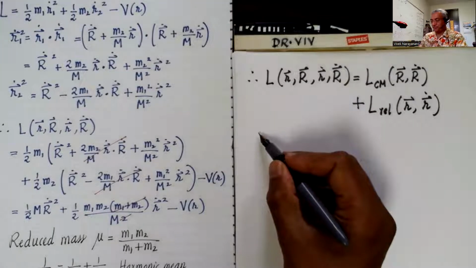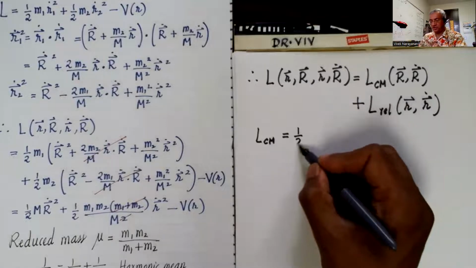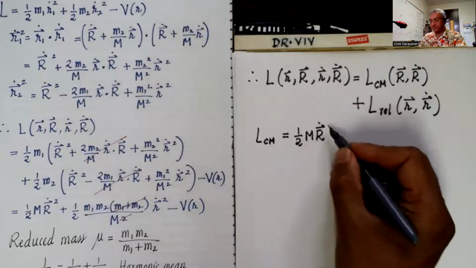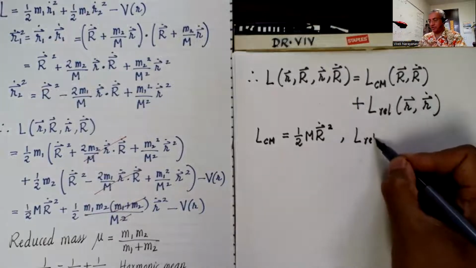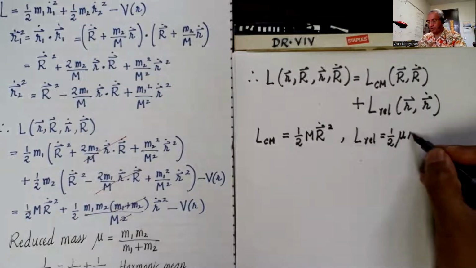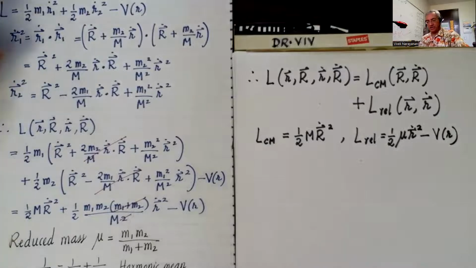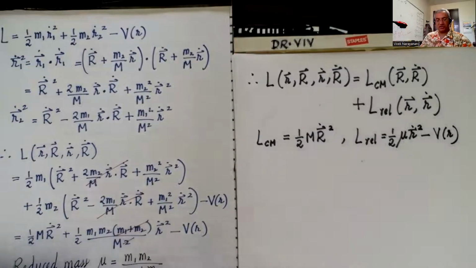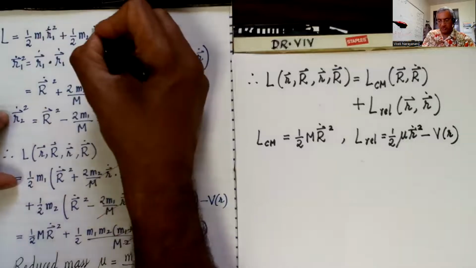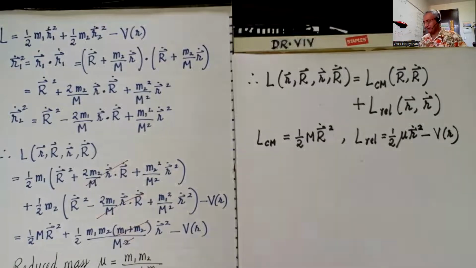Of course, the L-CM is just a kinetic term. There's no potential term associated with this. And the L-rel part has got both a kinetic and a potential. So let's write that down. 1/2 mu r dot squared minus V of r. I think it's a good idea to keep the vector hygiene, because soon we'll write this in terms of polar coordinates and it'll look a little different.